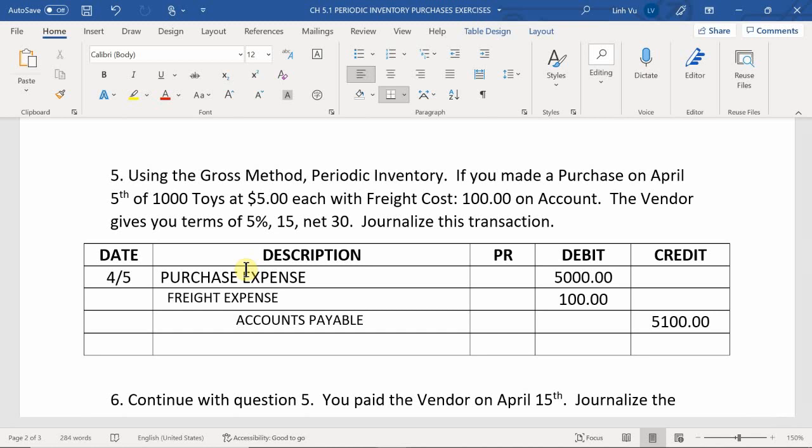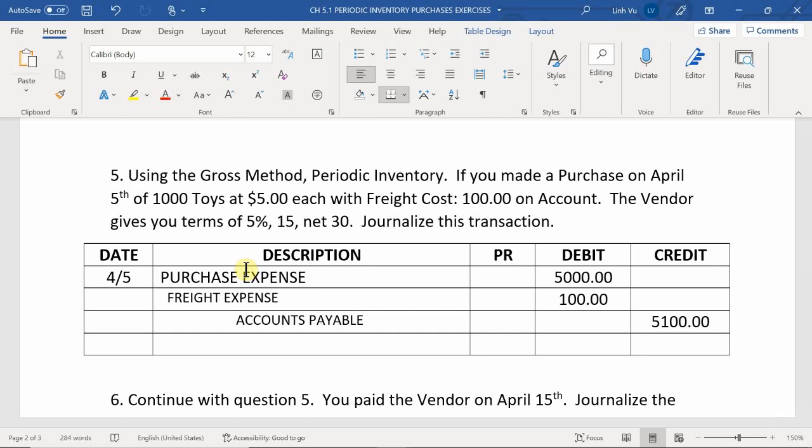You paid for shipping to get the items to your store, right? You paid for that. So can I discount that item? No, because you can't tell the vendor, hey, if I pay for this, give me a discount on the freight. No, they're going to laugh at you. So the only thing you can discount is the actual purchase price.